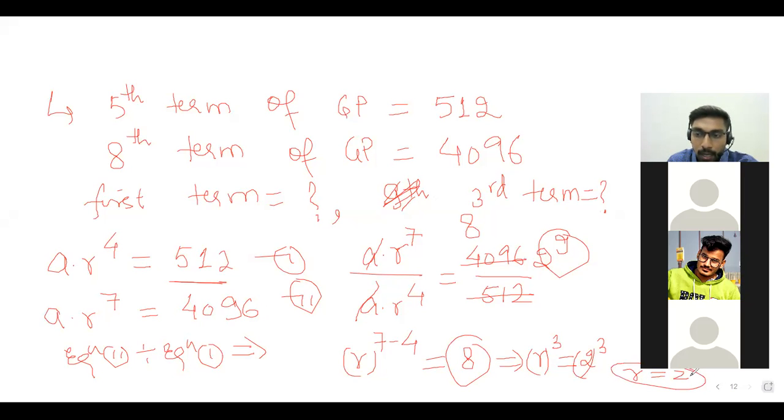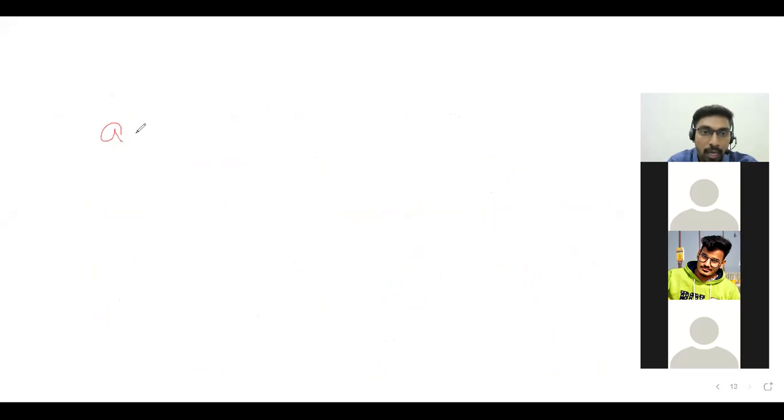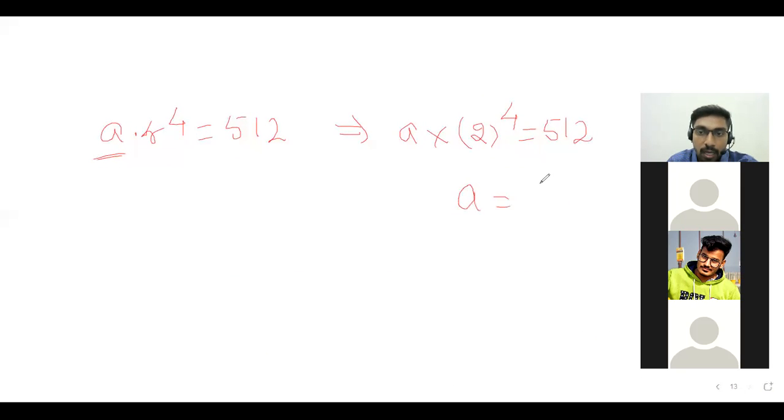So if r equals 2, then a into r to the power 4 equals 512. Basically you have to calculate the value of a. So r to the power 4, that means 2 to the power 4, is 16. So 512 divided by 16 gives a. 16 threes are 48, 16 twos are 32.